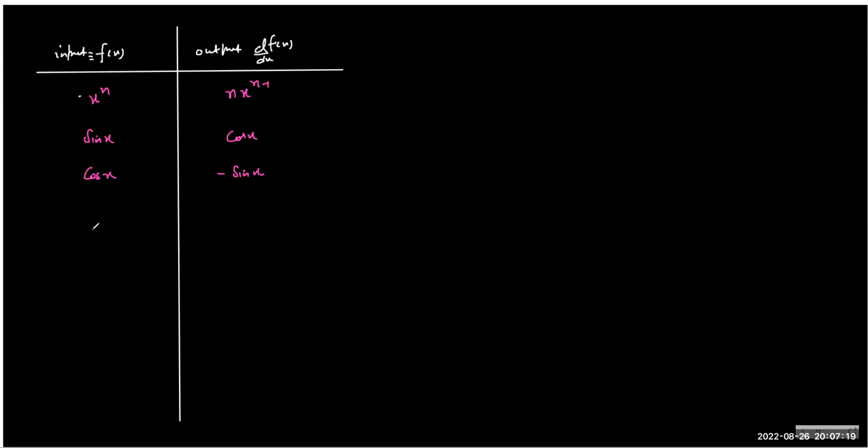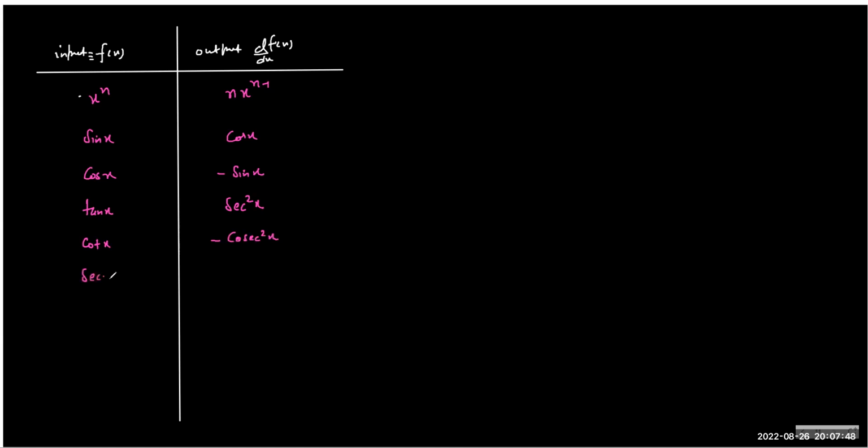So what else do we need to know? Every formula. If it's tan x, then if you have to derive it, of course, it will become sec square x. If it is cot x, then the answer is minus cosec square x.